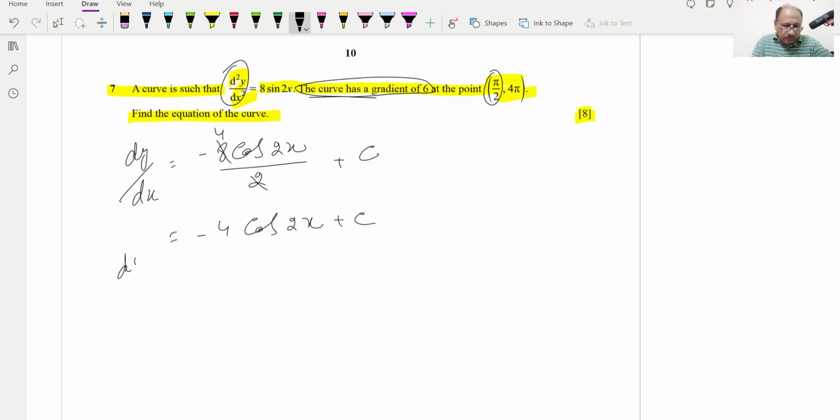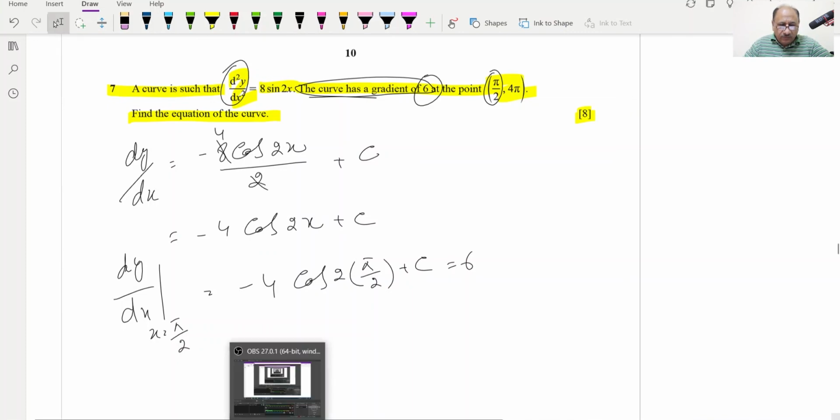So we can write dy over dx at x is equal to pi by 2, and this will be equal to minus 4 cos of 2 into pi over 2 plus c, and this is given as 6.